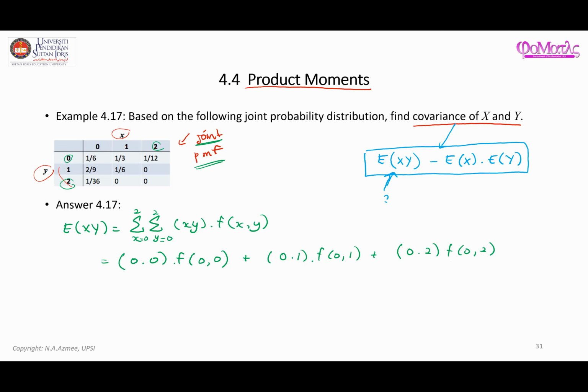After the values of y have been changed from 0 until 2, we change the value of x.